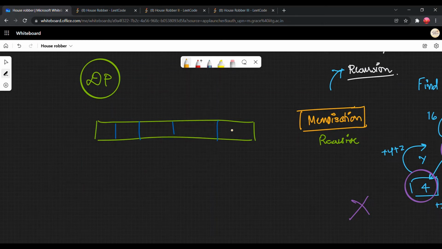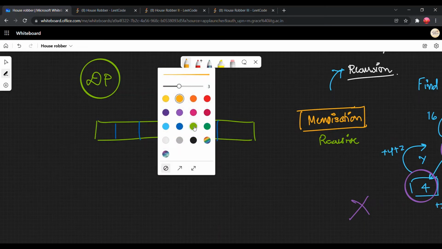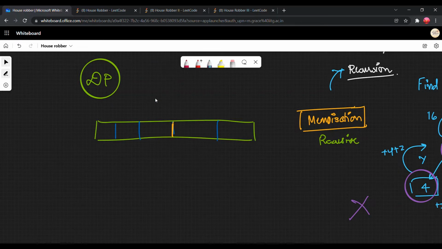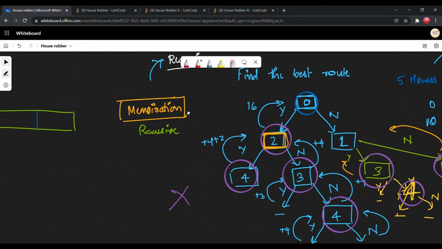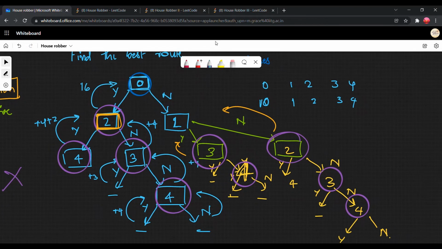So what I could do is, something which I really struggled with in this particular question, and I'm pretty sure at least some of you, if you're average like me, would feel that if I say no at 0, then I have to absolutely make sure that 1 is looted.